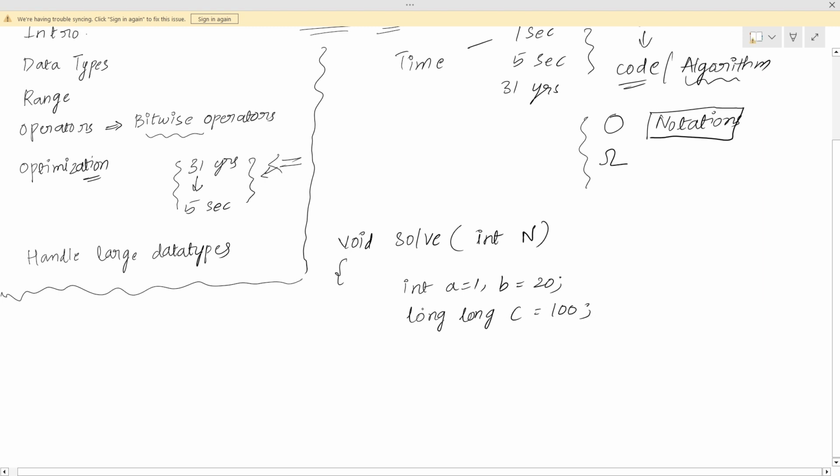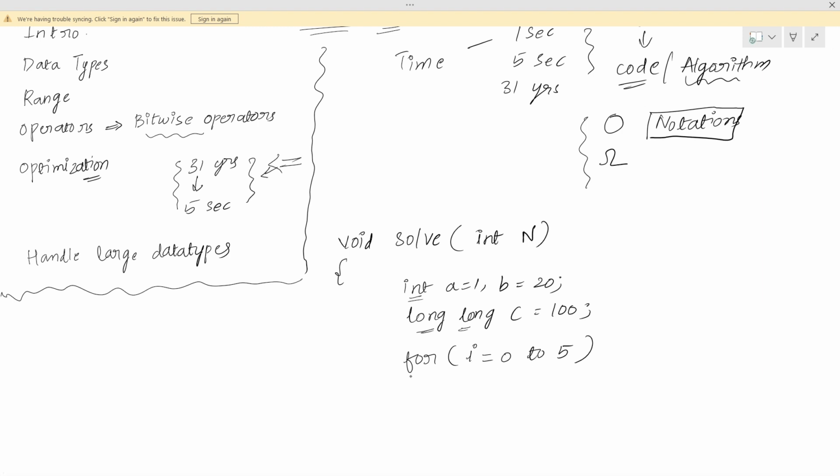It's nothing new, we have seen about integer and long. I'm writing the same things, and let me write a for loop for i equal to 0, and I'll run this for loop 5 times. I'm not writing the exact code, just trying to make it simple so that it covers each and every programming language. Let me say I will write something like b plus c. There are some operations happening here. So this is the code that I have written.